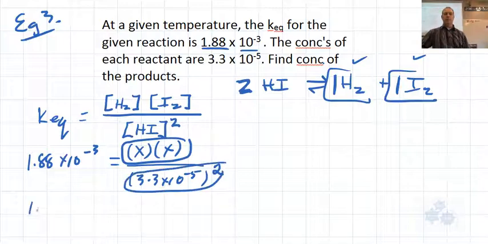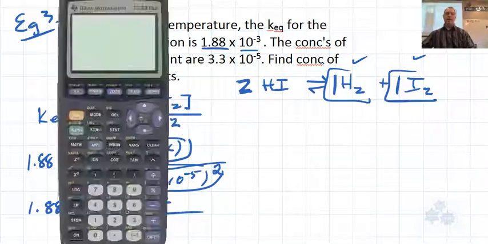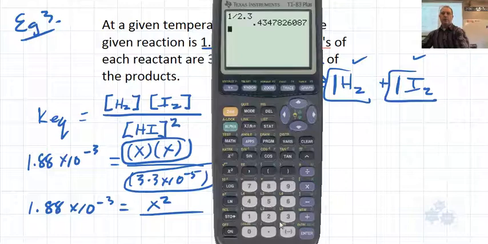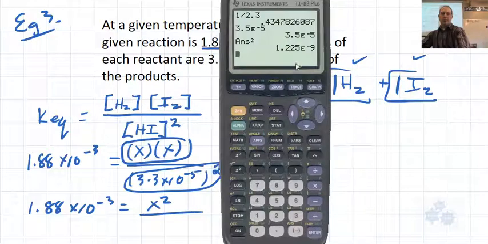So let's do one more step here before we get too far gone. So that's x squared. What's 3.3 times 10 to the negative 5 squared? You can figure that out in your calculator. Is this what you got? 1.225 times 10 to the negative 9.